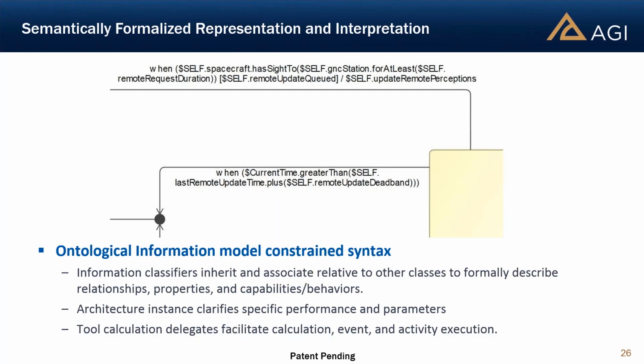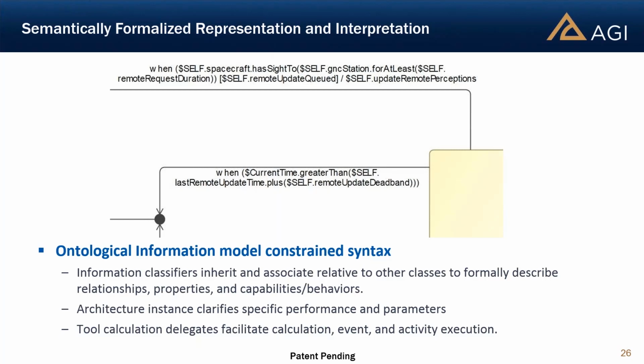You'll notice that the spacecraft has sight to its GNC station for at least so much time. The benefit of the ontology is that because a spacecraft ultimately inherits from an entity class object, that object can ask has sight to.